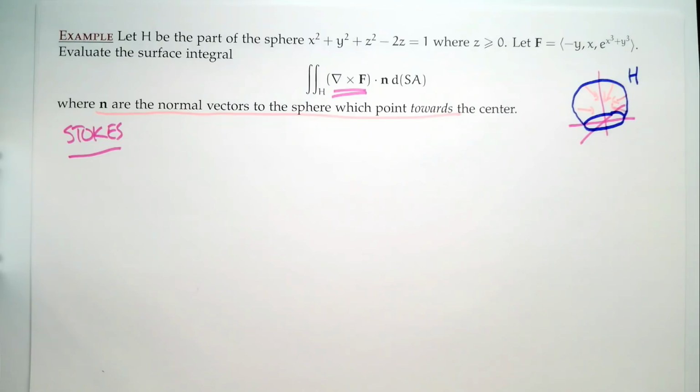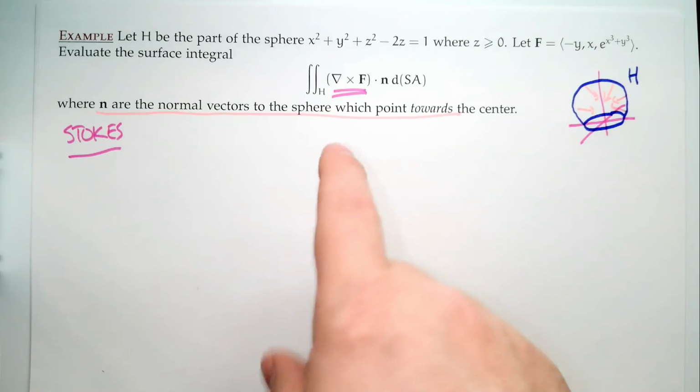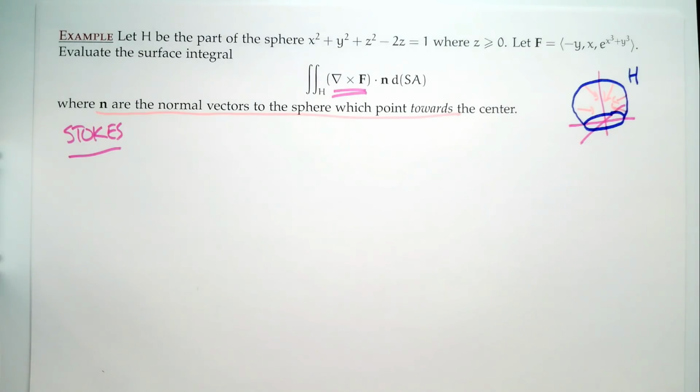All right, so our goal here is to compute this surface integral, curl F dot n. Now, Stokes theorem says you have three options. Option number 1 is do the integral that you're given. Almost always, we never go with option 1, because that's never the easy way.